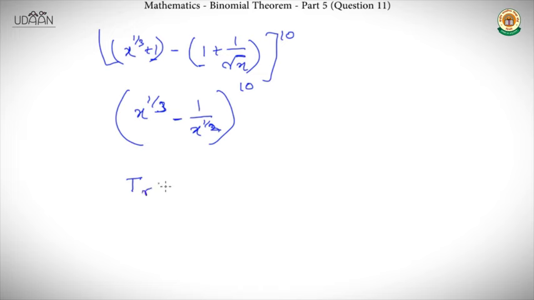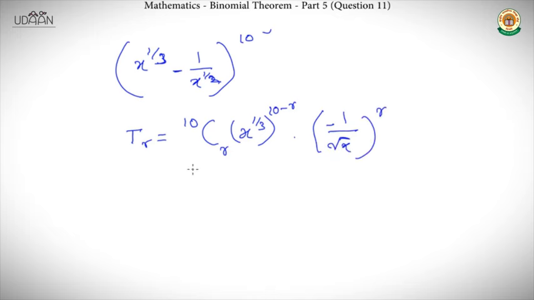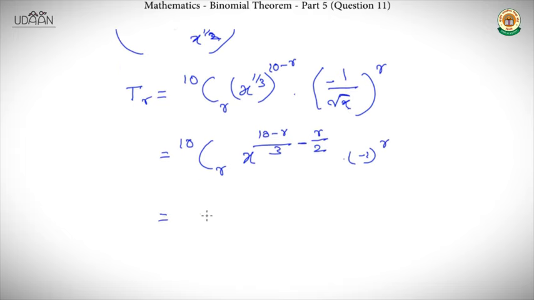T_r is equal to 10 C r into (x^(1/3)) raised to 10 minus r into (minus 1 by root x) raised to r. What is the power of x in the general term? It is (-1)^r times 10 C r times x raised to (10 minus r) by 3 minus r by 2.